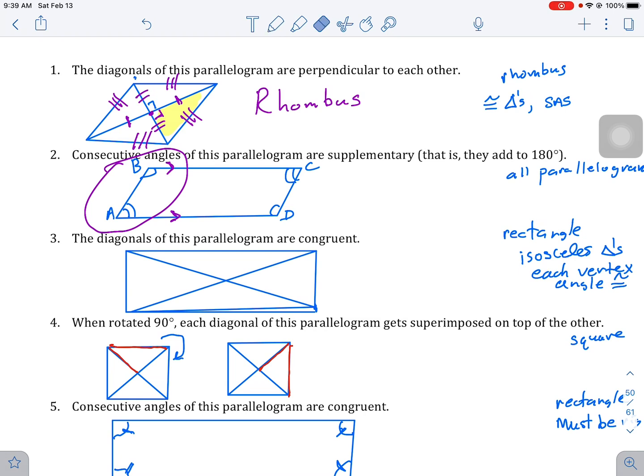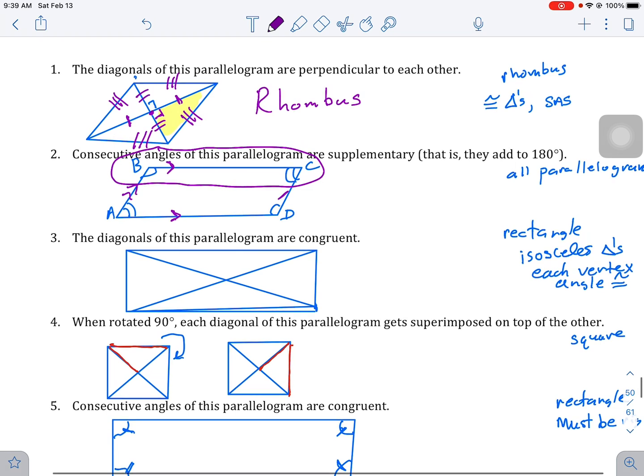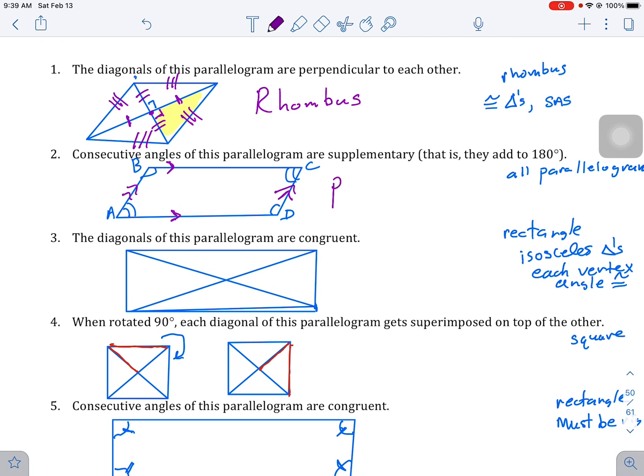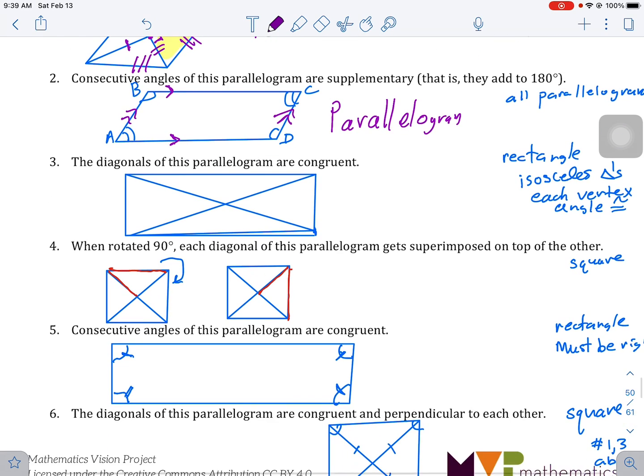It could also be true if you looked at a different pair of consecutive angles right next to each other. Again, this is enough to say that these sides must also be parallel. And that's the definition of a parallelogram, that opposite sides are parallel. So we can say this would work for any parallelogram.